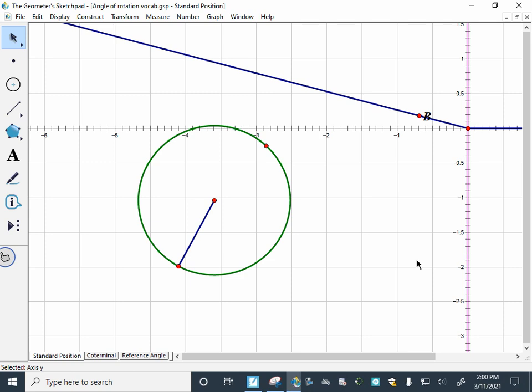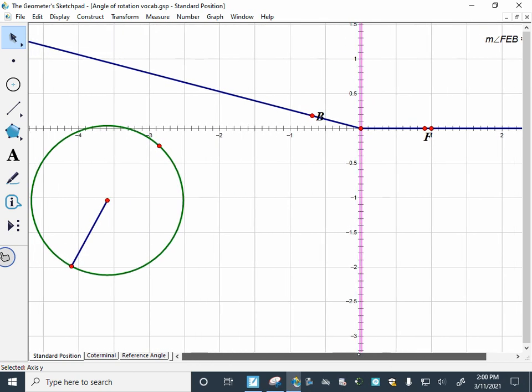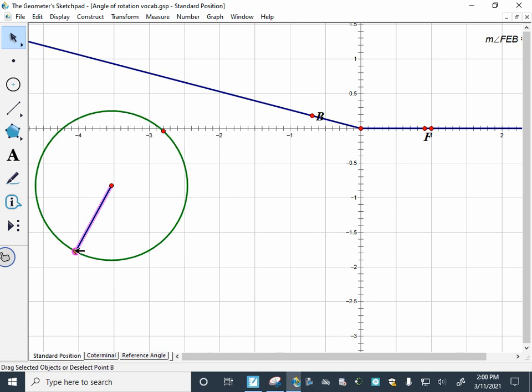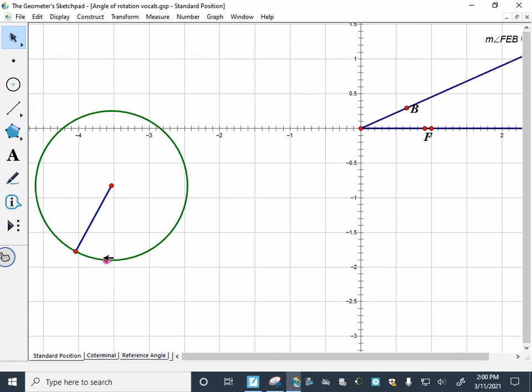So, I'm going to get over here where we can see this, and see if I can move that point around here. Okay, so I have my terminal side and initial side on there, and then the idea is that I begin to move that terminal side away from that, and you can see it rotating and pivoting at the origin where the vertex is, and this is why I can refer to it as an angle of rotation. It's formed by that rotation.